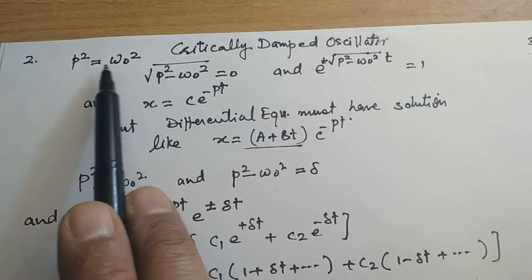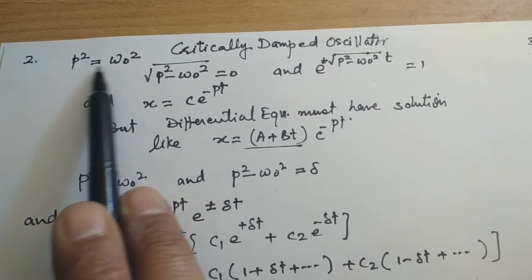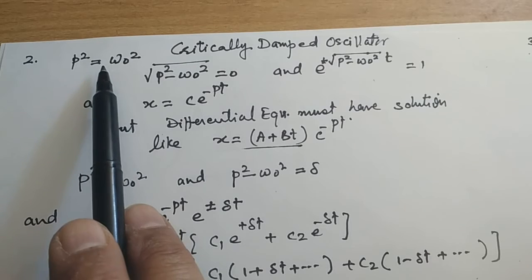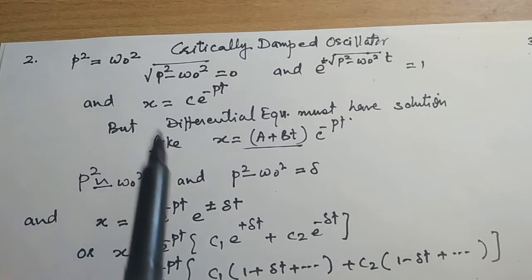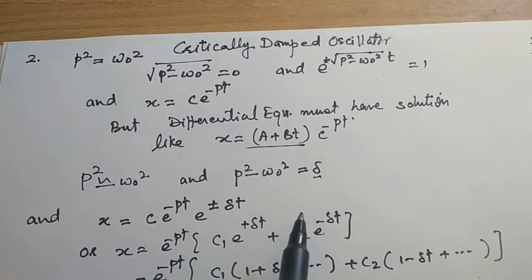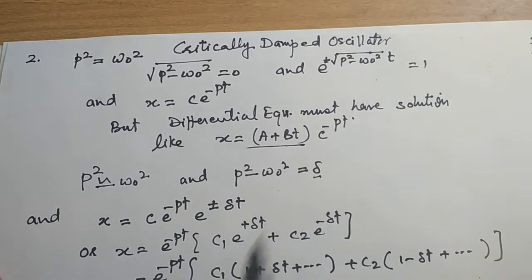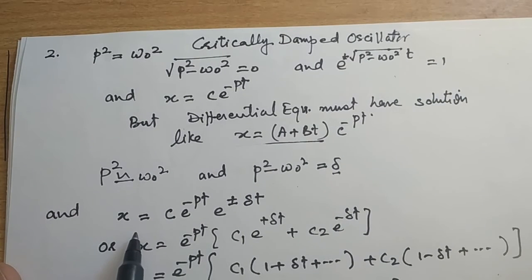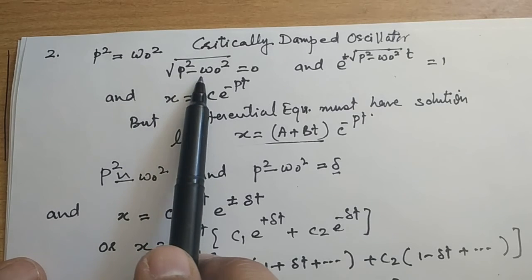Therefore we consider that p square is almost equal to omega naught square, so there will be some small finite difference, which we consider as delta. If delta is the small difference, then we put it here, and we find the solution will become x = c e^(-pt) e^(±δt). This delta is the small difference between p square and omega naught square.